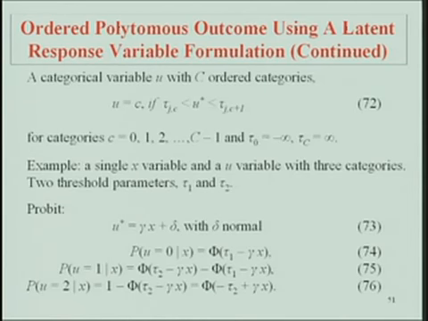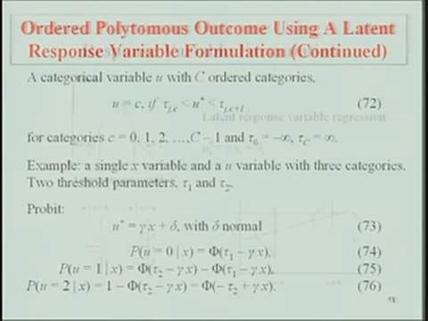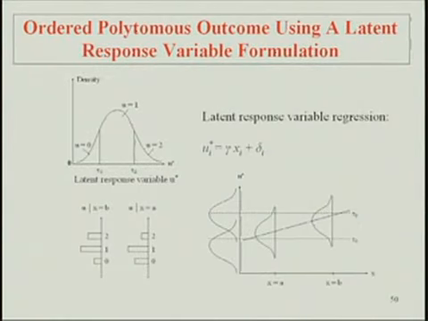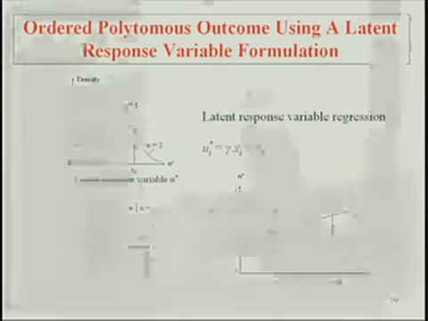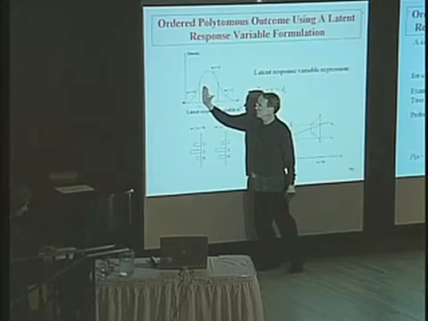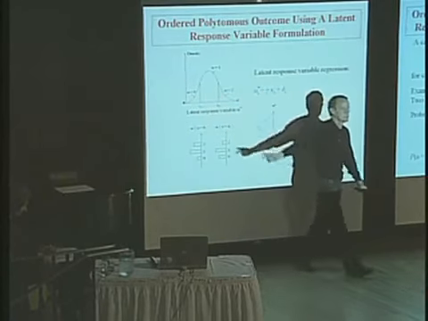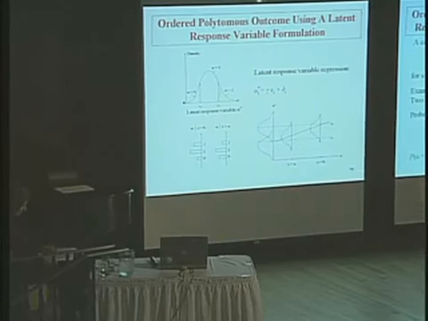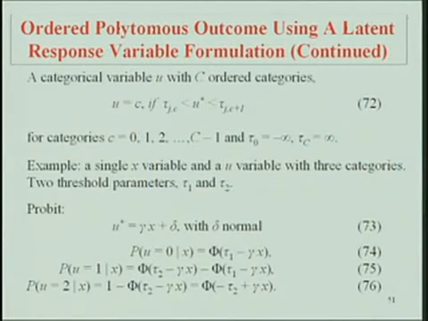Probability U equals 1 is the probability of falling between the 2 thresholds. That probability is the area under the curve between these 2 lines, which is the same thing as the area of being below the highest threshold minus the area of being below the lowest, right? That gives you the difference. So it's very natural to get to formula 75, which looks forbidding if you just look at it, but if you combine it with a picture, it becomes very clear that it's a difference in phi functions.